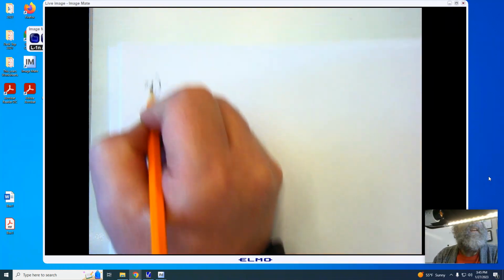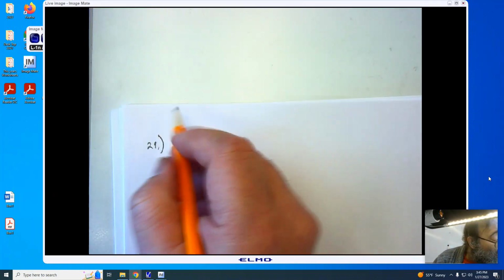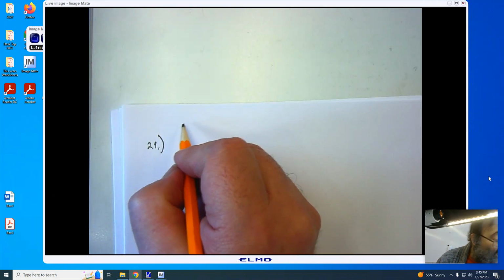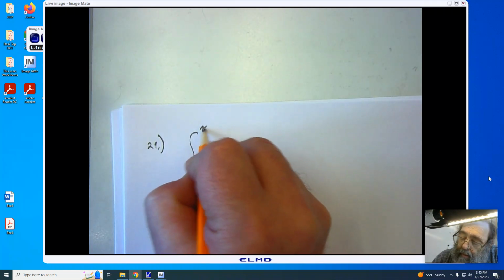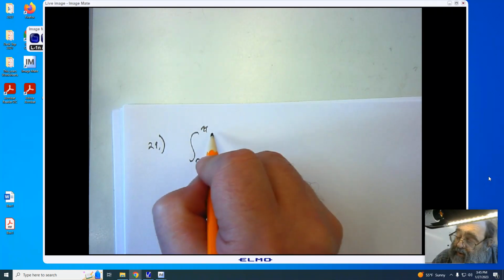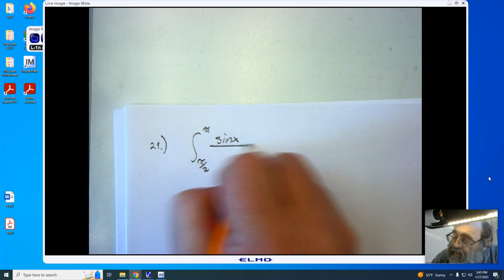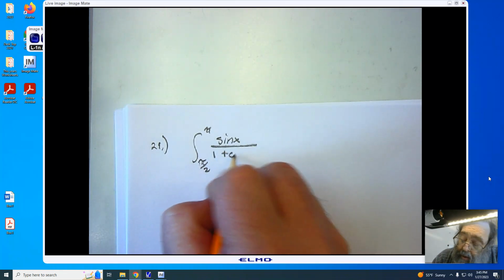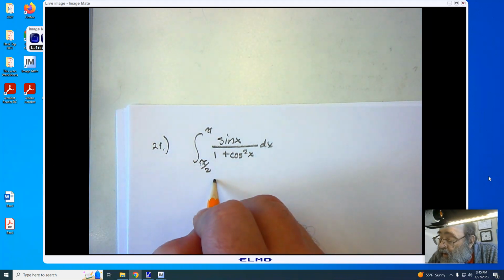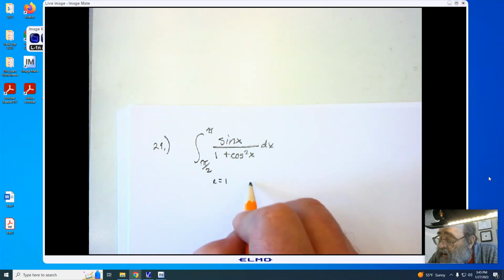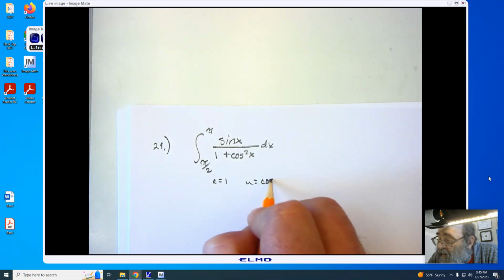Number 29 is giving me the integration from pi over 2 to pi. And the function is the sine x over 1 plus cosine squared x dx. Notice that I'm looking at a equaling 1. U is the cosine of x.